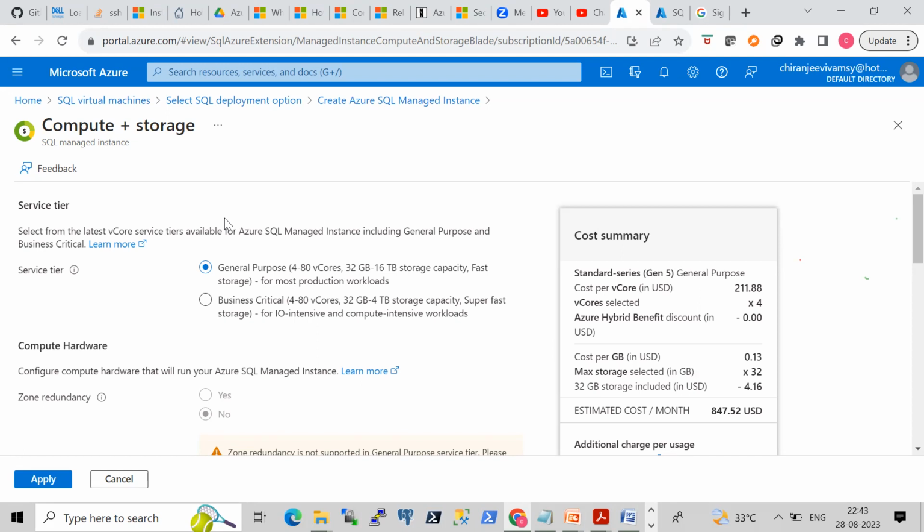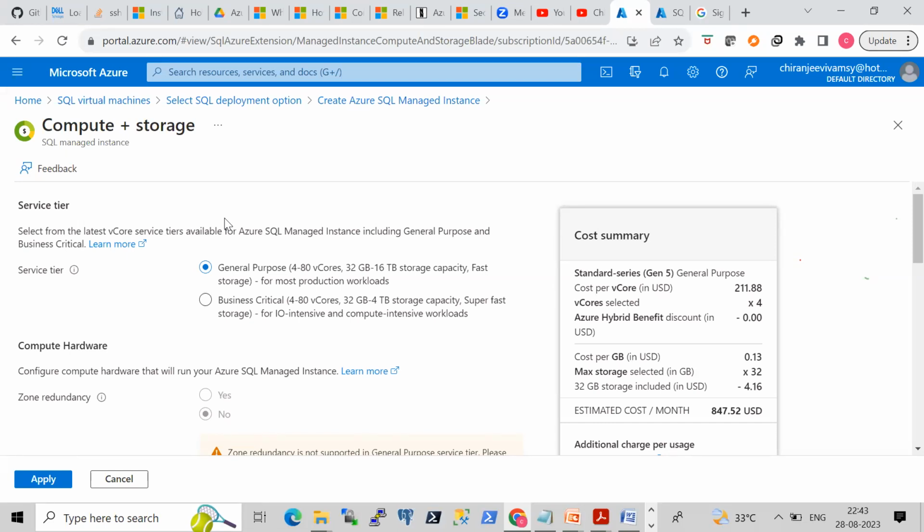Is that clear? So I repeat the question again. When it comes to purchasing models or service tiers, what do we have with Azure SQL? We have the vCore purchasing model and the DTU purchasing model. Inside the vCore purchasing model, I have general purpose, business critical, and hyperscale. I'm talking about Azure SQL here.